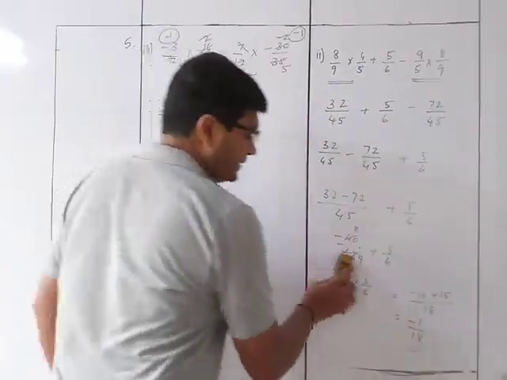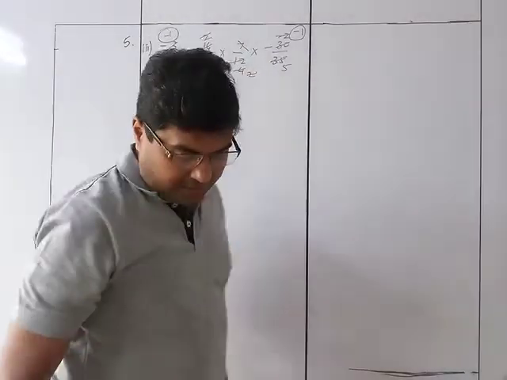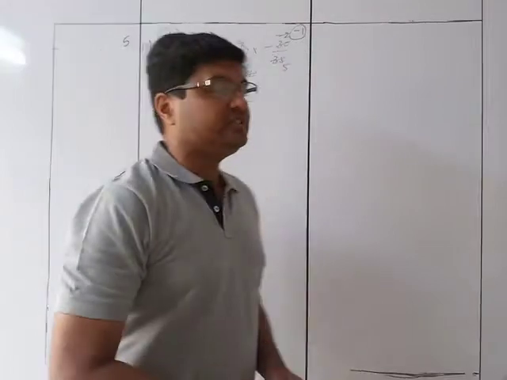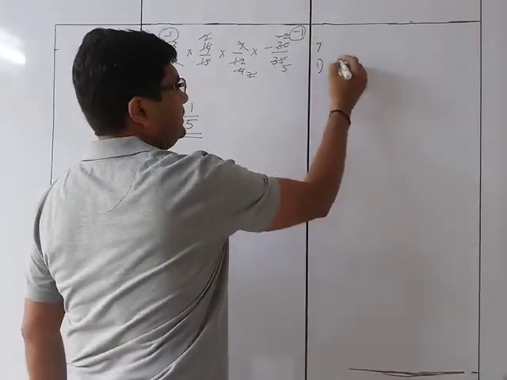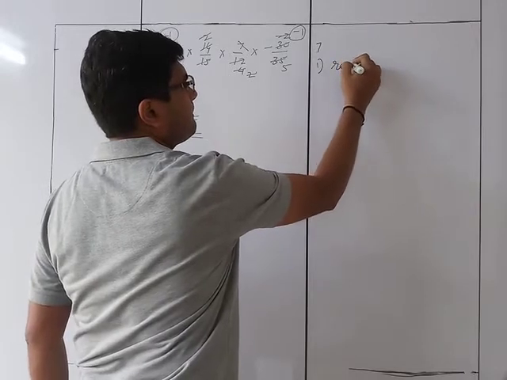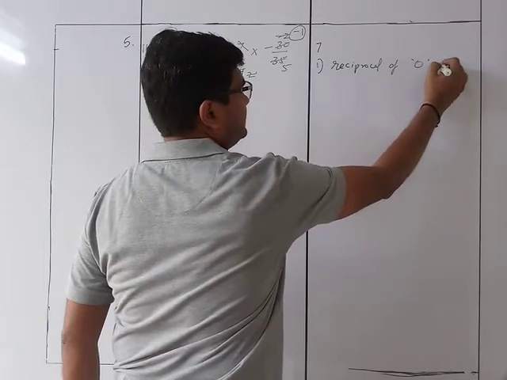So according to that, the first question is: the reciprocal of 0 is dash.